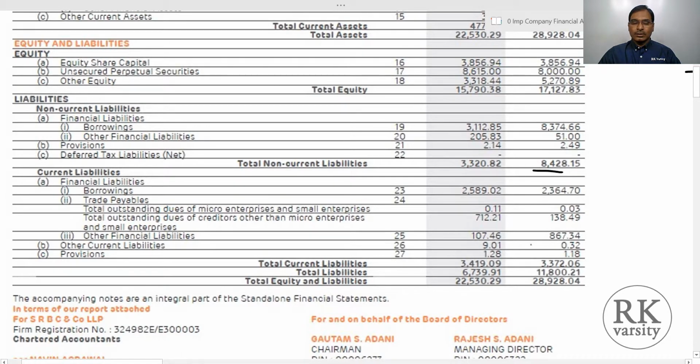8,428.15 crore and the current liabilities are 3,372 crore in 2019, and in 2020 this is 3,320 and 3,419 crore.